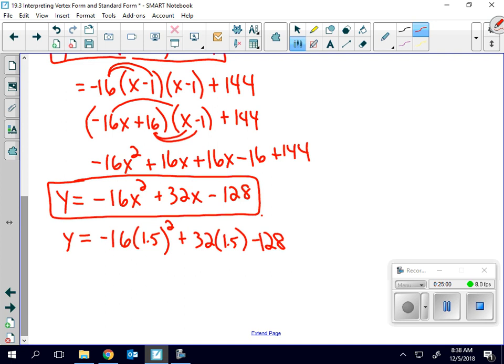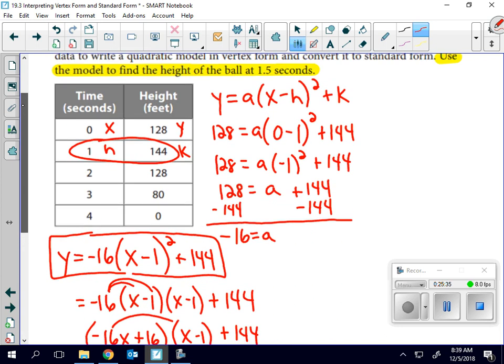Okay, so 1.5 squared is 2.25 times negative 16 is going to give me a negative 36. And 32 times 1.5 is 48. And the answer is going to be, let's see, 128 minus 36 plus 48, which is 140 feet.